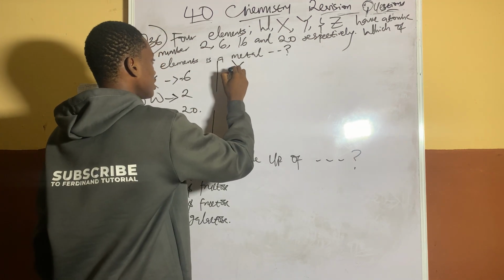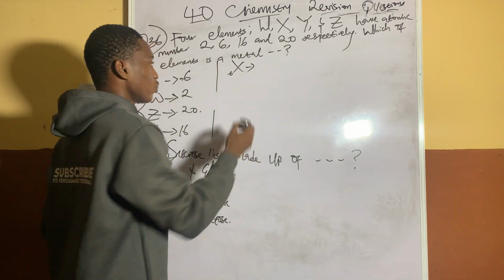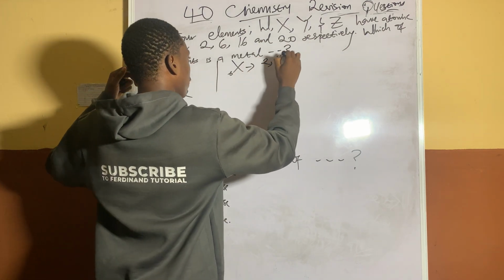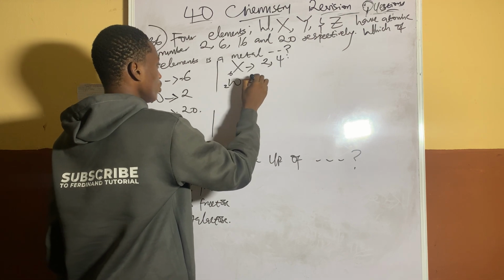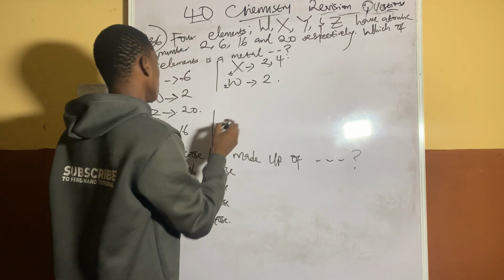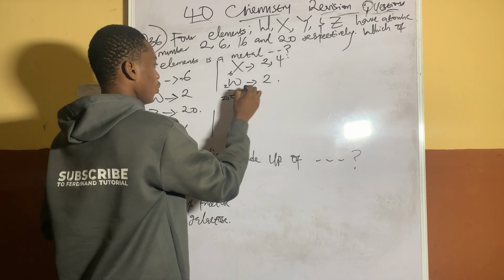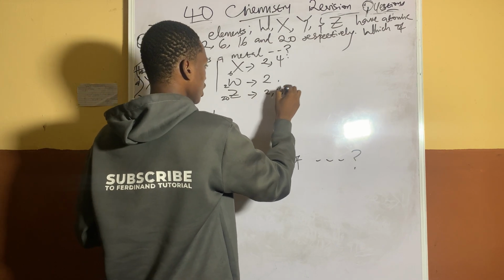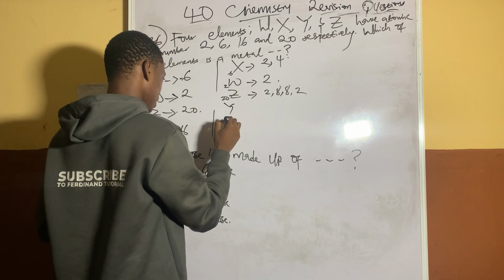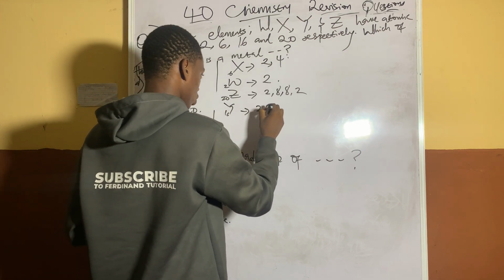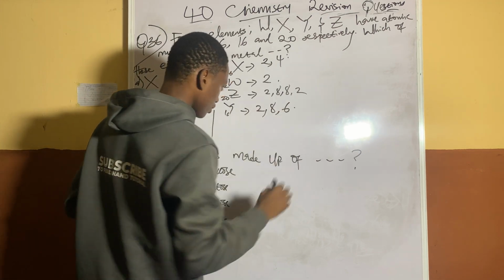What we mean is that X being 6, according to principal electronic configuration, is going to be 2 and 4. W being 2, W simply means it's just 2. And Z 20, we are going to have 2, 8, 8, 2. And then if we come to Y 16, we are going to have 2, 8, 6.